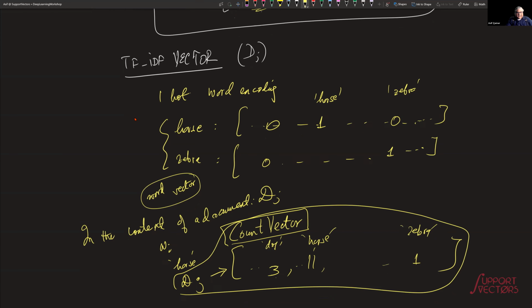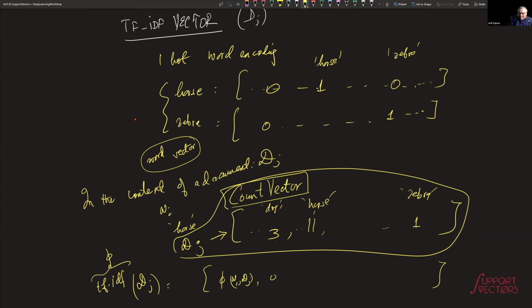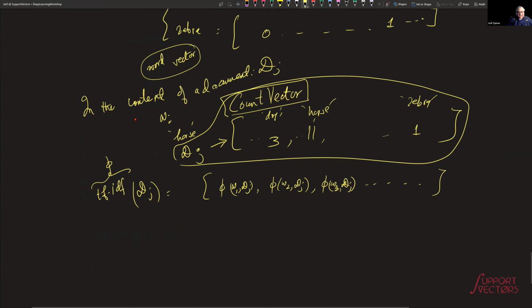And then lastly, the next concept that I taught you is the TF-IDF of the document J. In this document J, you have the TF-IDF of every word: word 1 with respect to document J, word 2, word 3. I wish there's a symbol, actually, can I represent this with a phi, because I hate writing it again and again. Phi of word 1, phi of word 2 with respect to this document, phi of word 3 with respect to this document J. And so what did you end up with? You end up with another vector, and this vector is the TF-IDF vector.